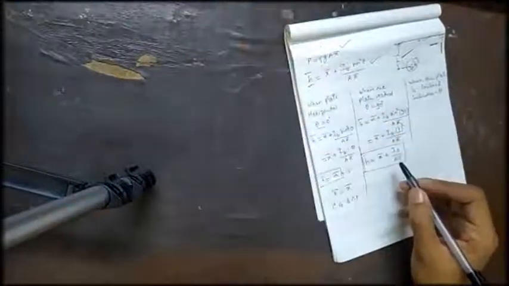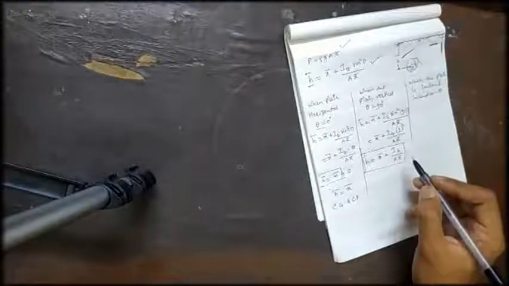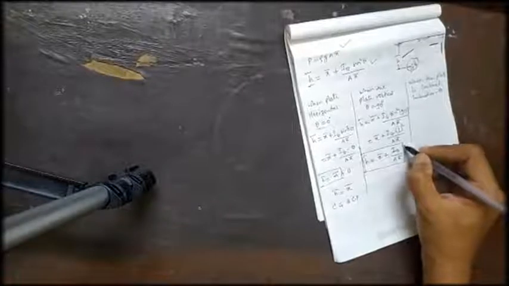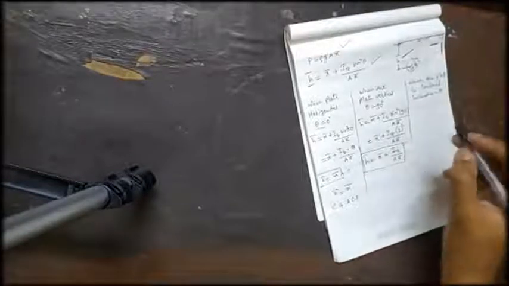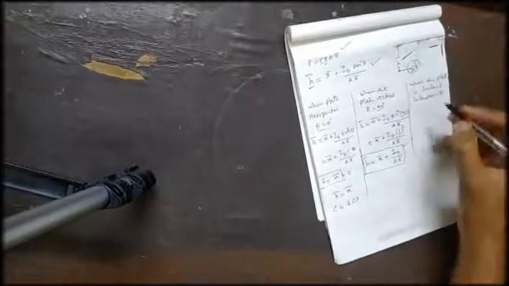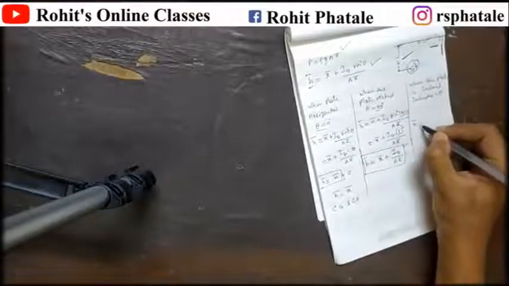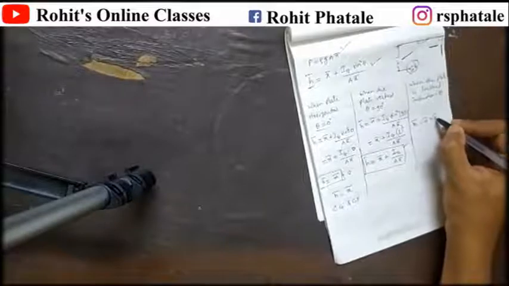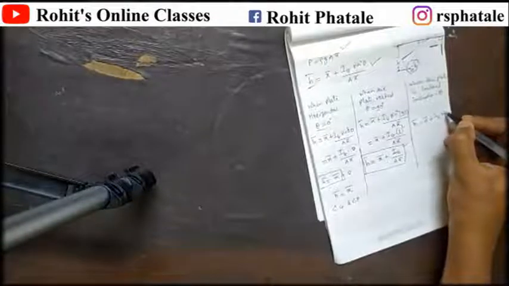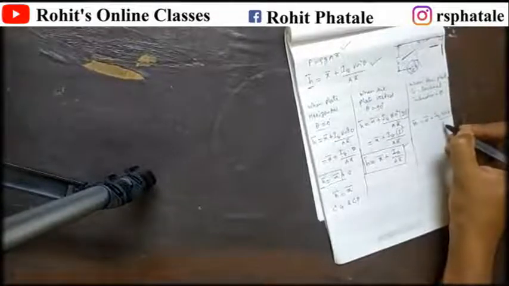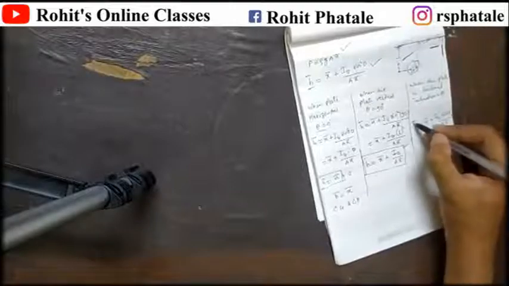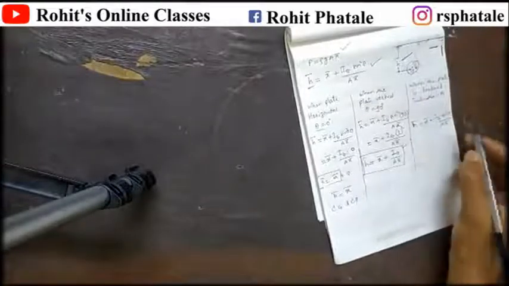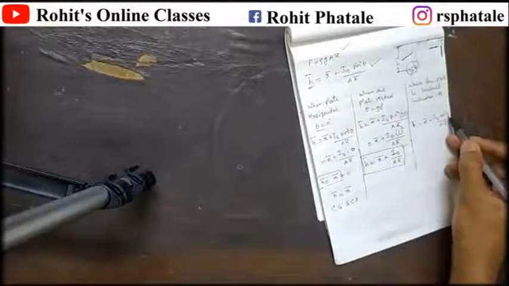This equation we have derived in our previous video. And now for inclination, h bar is equal to this equation in general form, that is x bar plus Ig sine square theta divided by A x bar. If you put the value of theta as 0, then the equation becomes this much only.